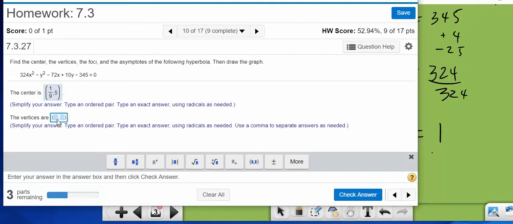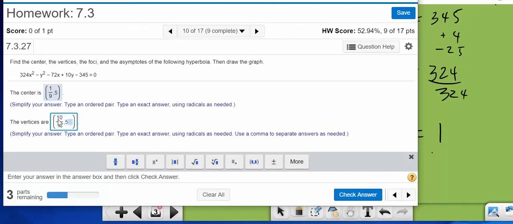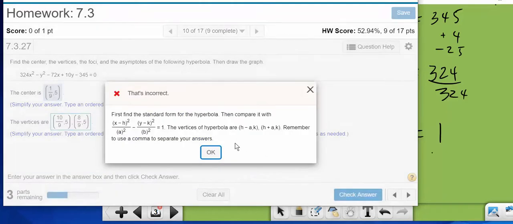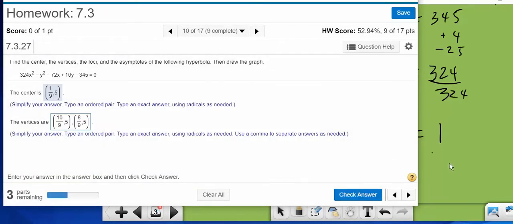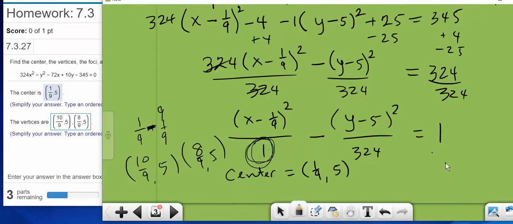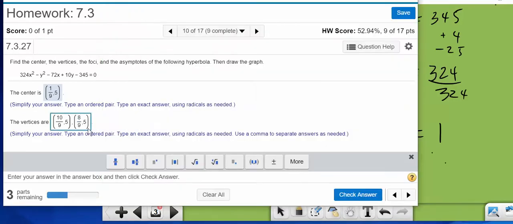So we got 10 ninths, 5, and then copy that. Change that to negative 8 ninths. So let's fix that.